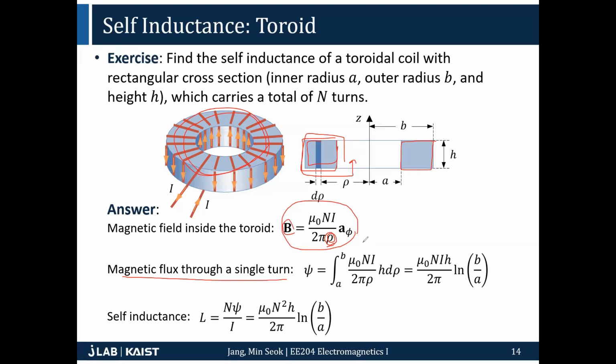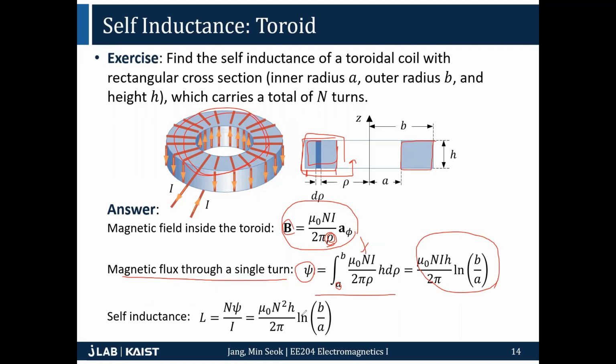You need to take an integration from rho equals a to rho equals b, and you get this. This is your magnetic flux through a single turn, right?